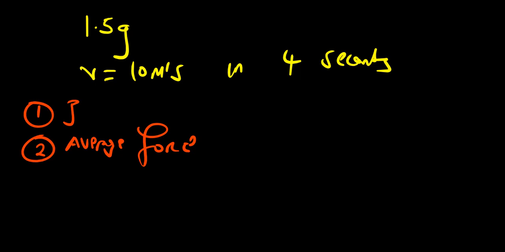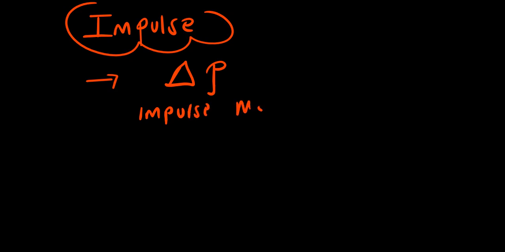Now, there's an aspect of what we call impulse. Impulse in this case is the change in momentum. So we are going to talk about what we call the impulse momentum theory.